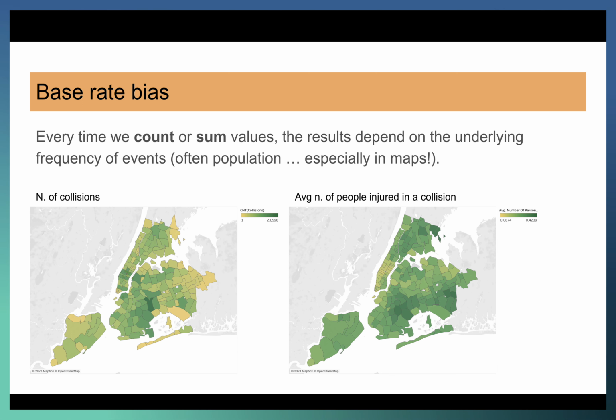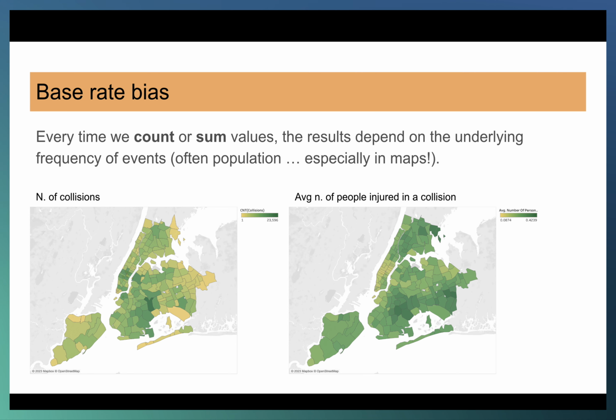Okay, so this is a very general problem, and it's very common in maps. So when there are values that are represented on a map, it's always important to ask yourself, is this value potentially influenced by how many data points are behind this group? A technical term that is often used is the sample size.